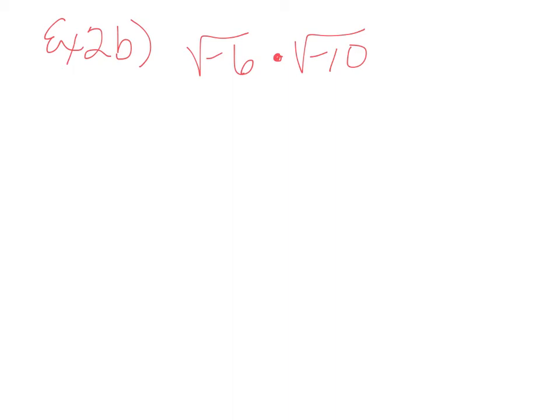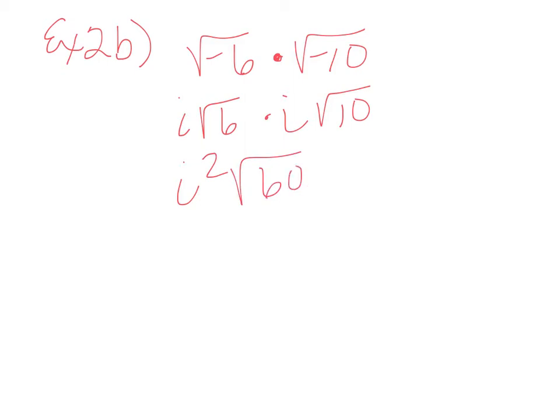So if I have i root 6 times i root 10, so i times i is an i squared, and then look at 60. Can you break that down? Is there anything that's a perfect square that goes into 60? Well, I don't know. If you were looking at 60 and you can't make that determination, off to the side, make your list.